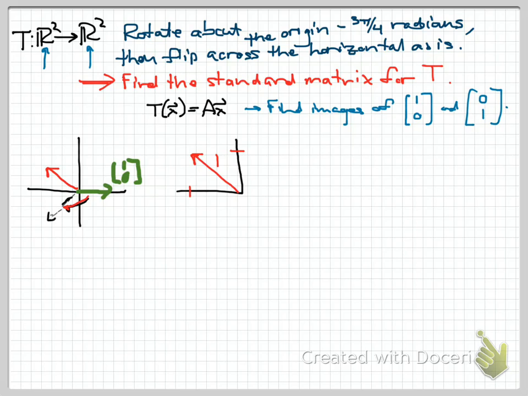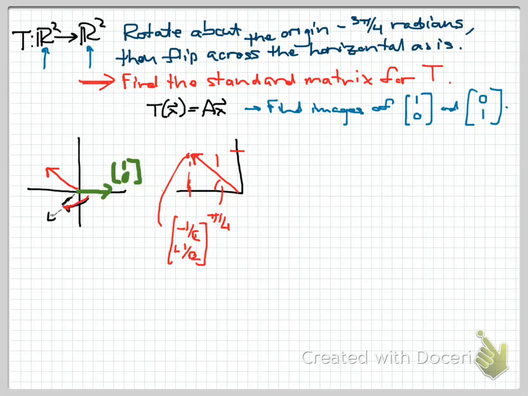This vector makes a little right triangle, where this angle is 45 degrees, pi over 4. So what coordinates does this arrowhead have? We can find them using a little bit of trig. I have a 45, 45, 90 triangle, and so this point is at x equals negative 1 over radical 2, and y is plus 1 over radical 2.